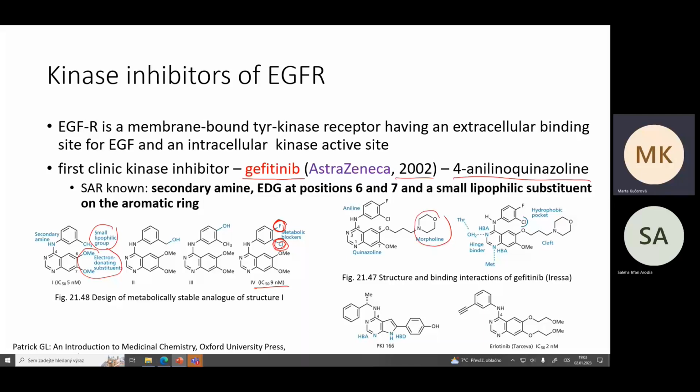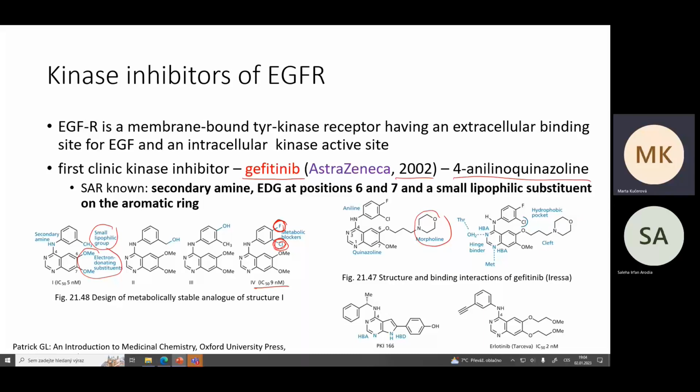Morpholine again is added to increase the water solubility because it is stuck out of the active site, and it contributes to water solubility of the molecule, and also it can decrease the energy penalty that would be required for desolvation of the molecule.